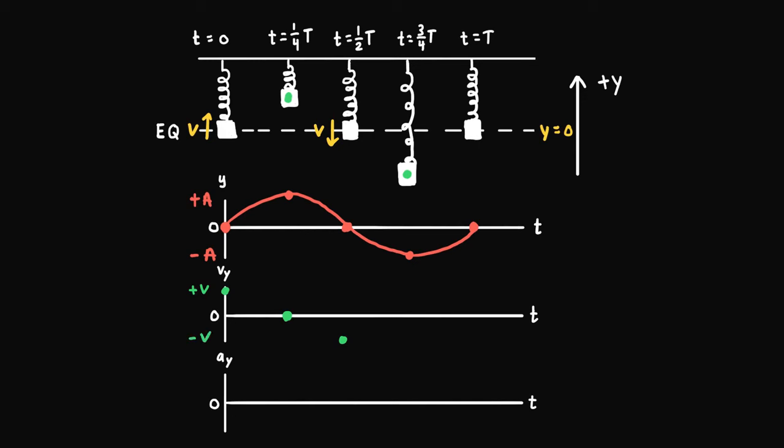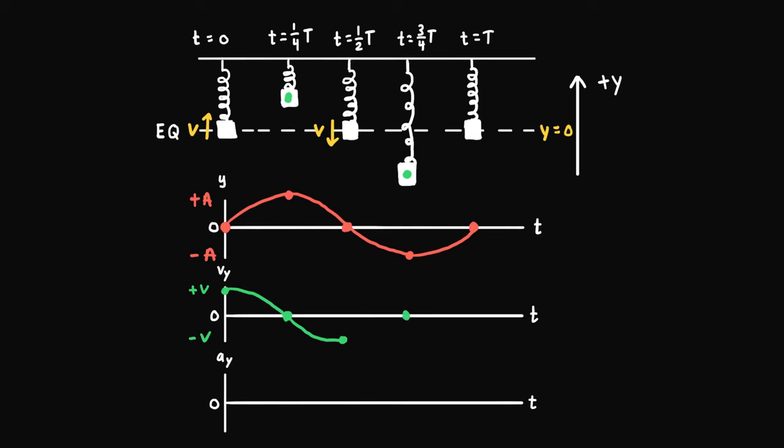So it's some value negative v. And notice how at t equals 1/4 T, the velocity of this object has passed through the time axis on this graph, which indicates a change in the direction of the object, right? At 3/4 of the period, the object is once again going to momentarily stop and then change direction.